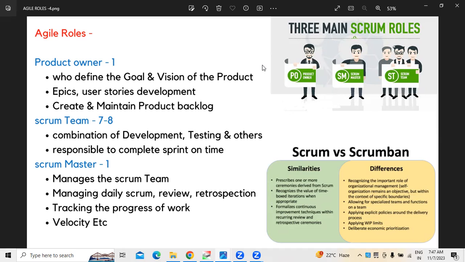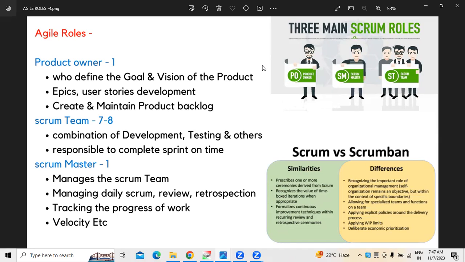Velocity means, based on the previous work they have completed, what they can do in the coming future, how much work they can complete in coming days. Velocity calculation, all that, will be done by the Scrum Master.